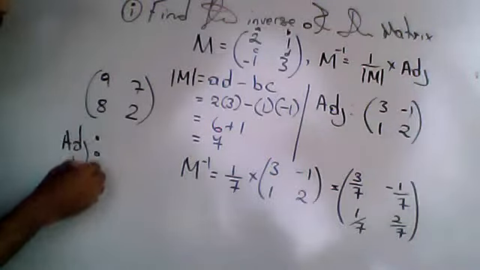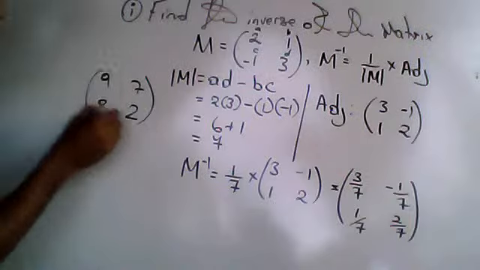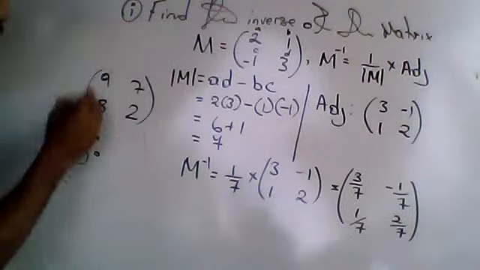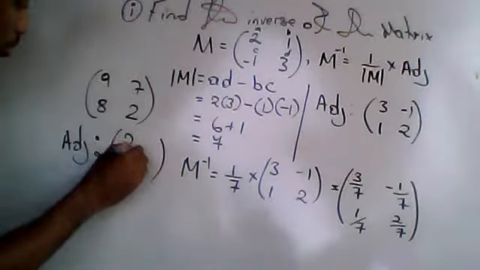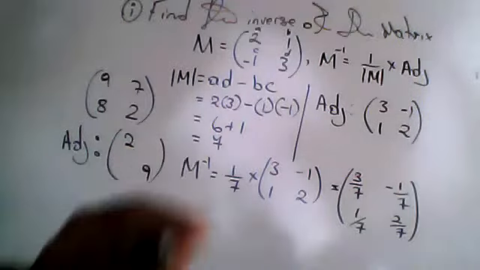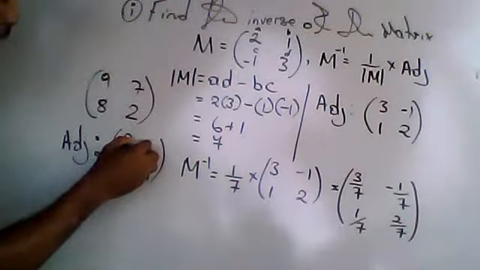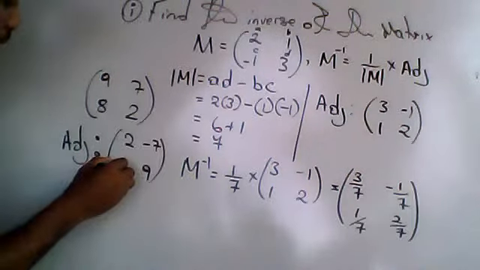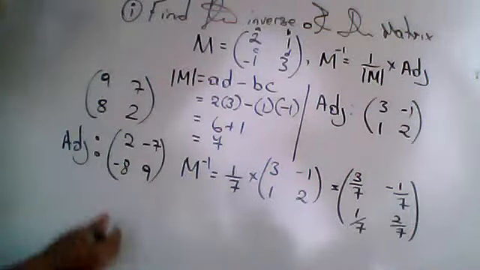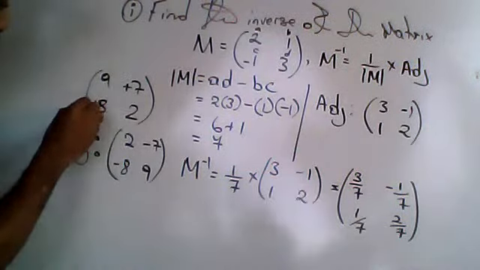Remember, for the leading diagonal, we're going to switch values, change place with the numbers. So we're going to have 2 at the top, 9 at the bottom. Now, for the non-leading diagonal, I have to change the signs. I would have -7, -8. Why? Because both of them are positive.